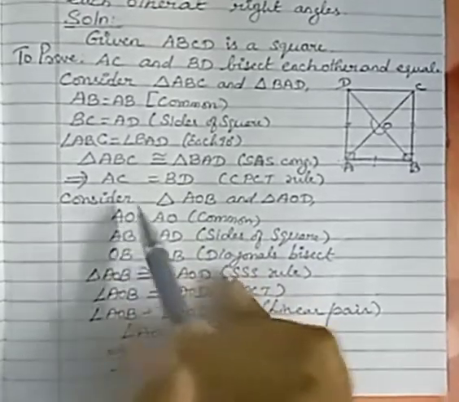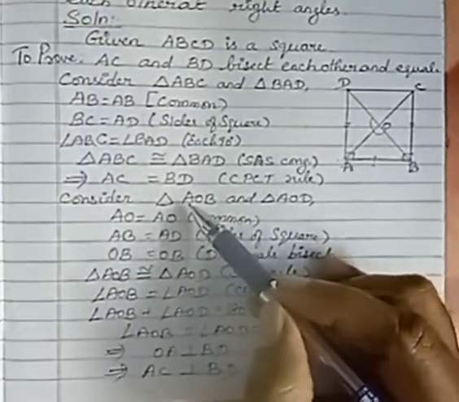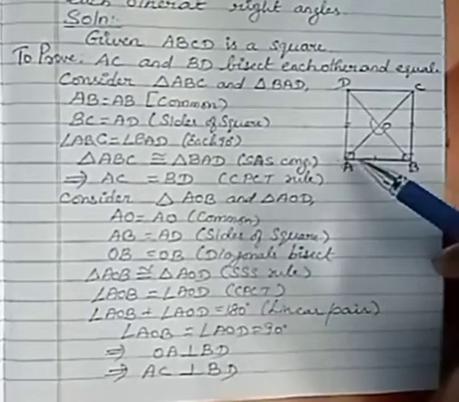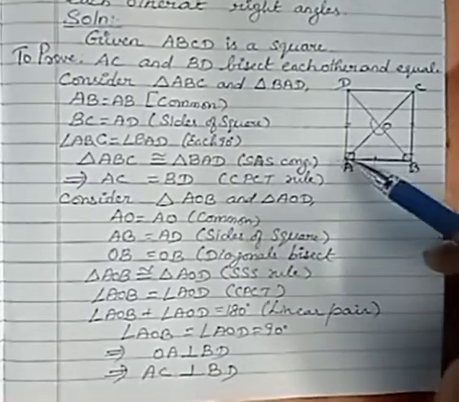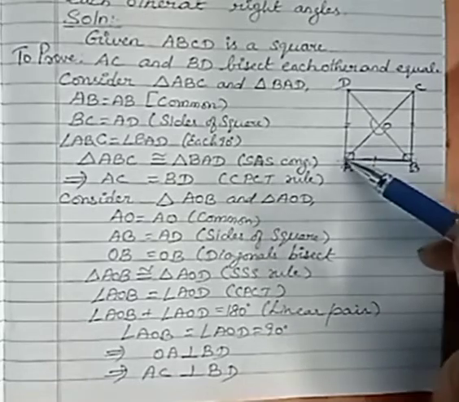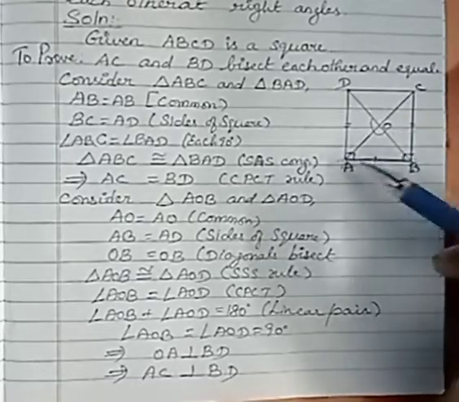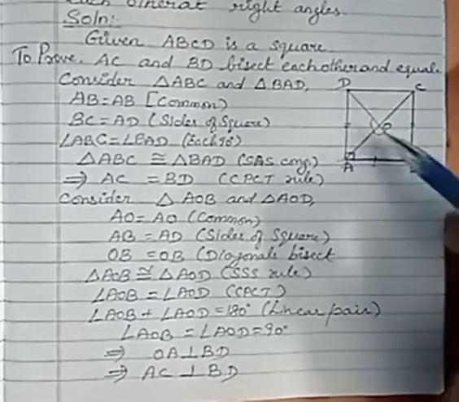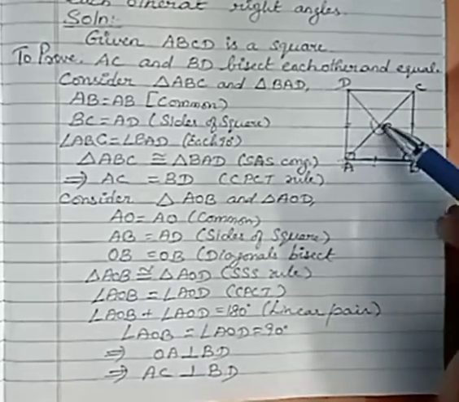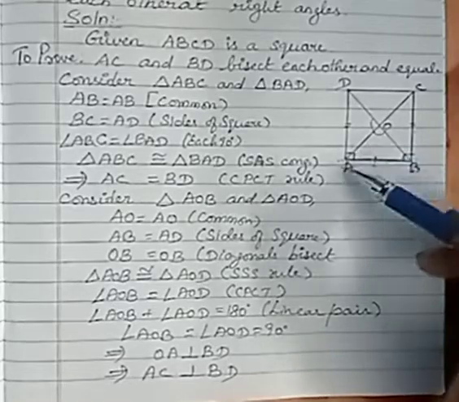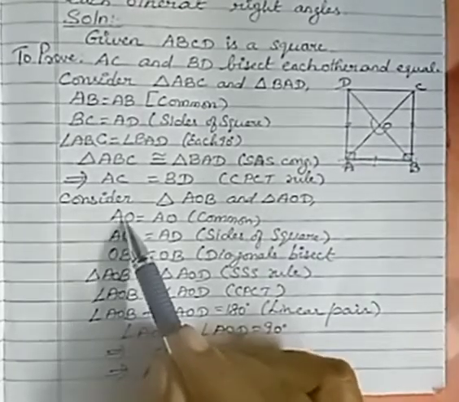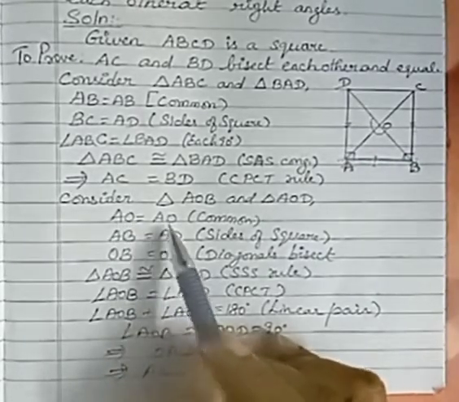Now consider another pair of triangles, AOB and AOD. These two triangles lie on the common base OA. So we can write AO is equal to AO, that is the common side.